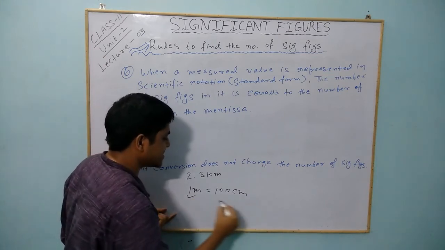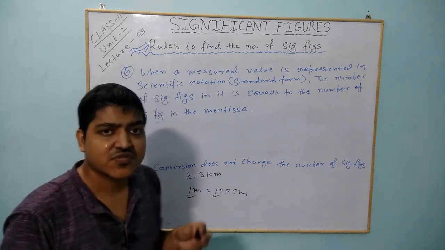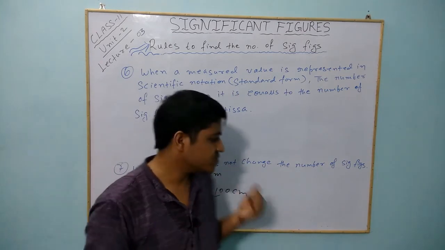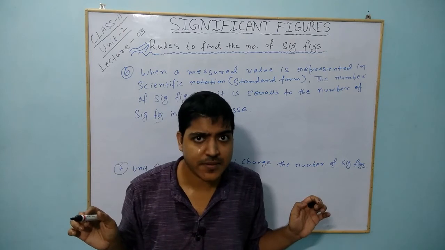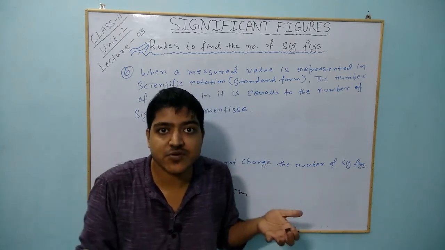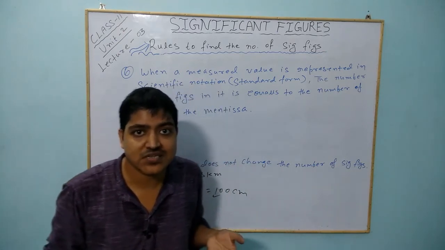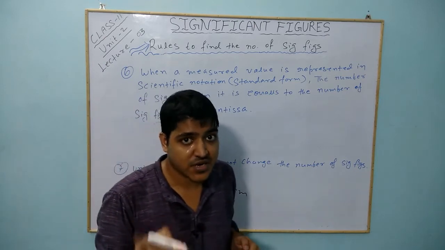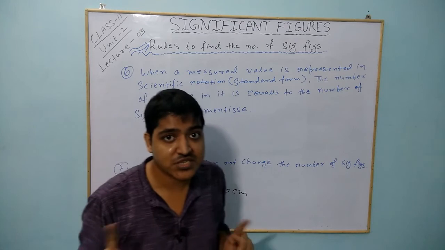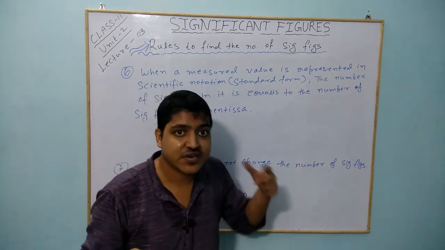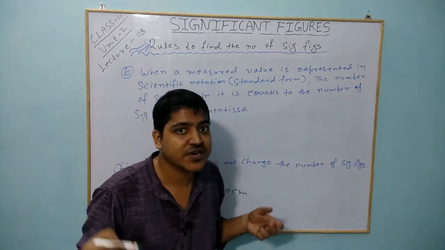In 100 centimeters, again, the number of sig figs is 1. When you are just converting units from meter to kilometer or from kilometer to miles or anything, you cannot become more accurate or more precise. So while converting the unit, always keep in mind that the number of significant figures should not change. Because by just converting the unit, you cannot become more accurate and precise.